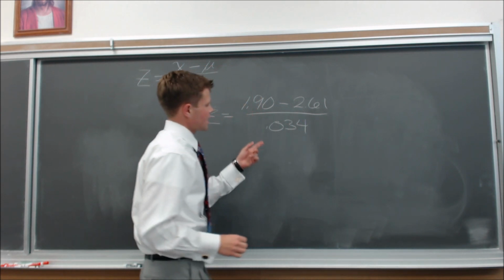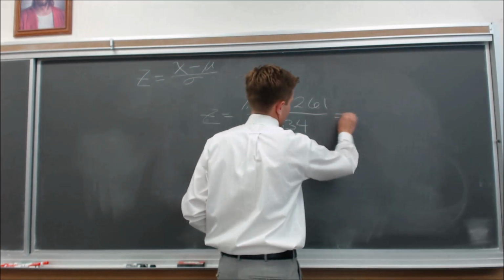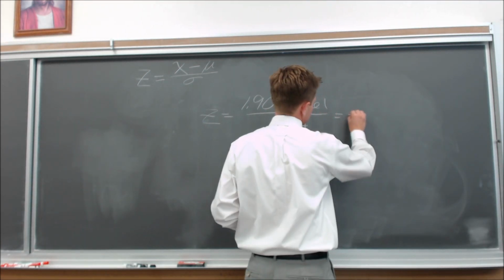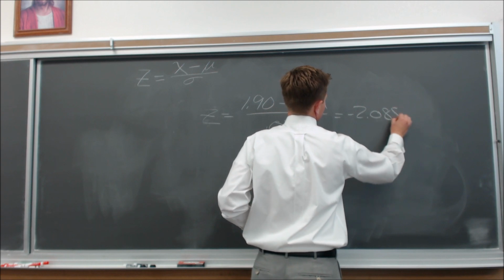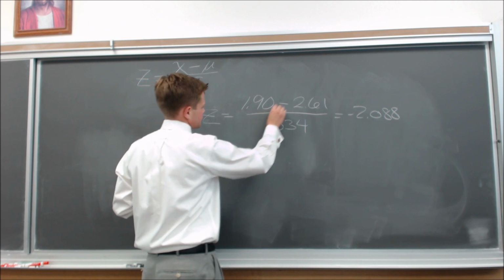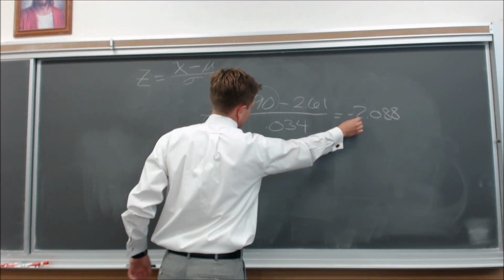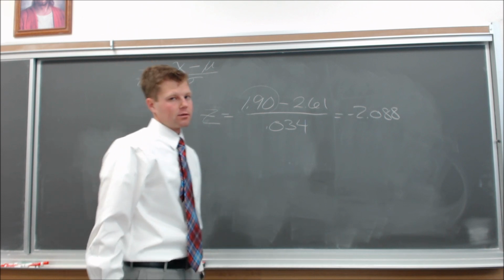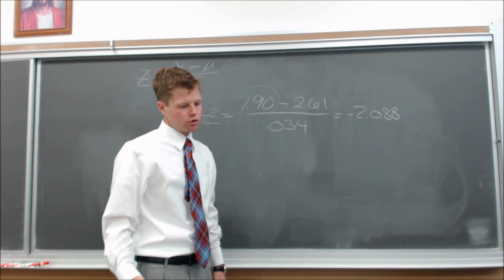Okay, so if you plug that into your calculator, you come out with a value of negative 2.088. What that means is that this batter bats 2 standard deviations less than the mean, and so we would call that unusual.